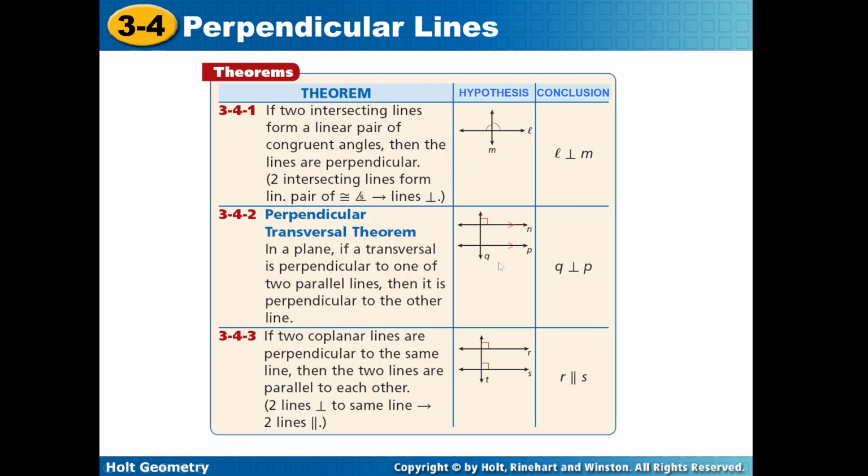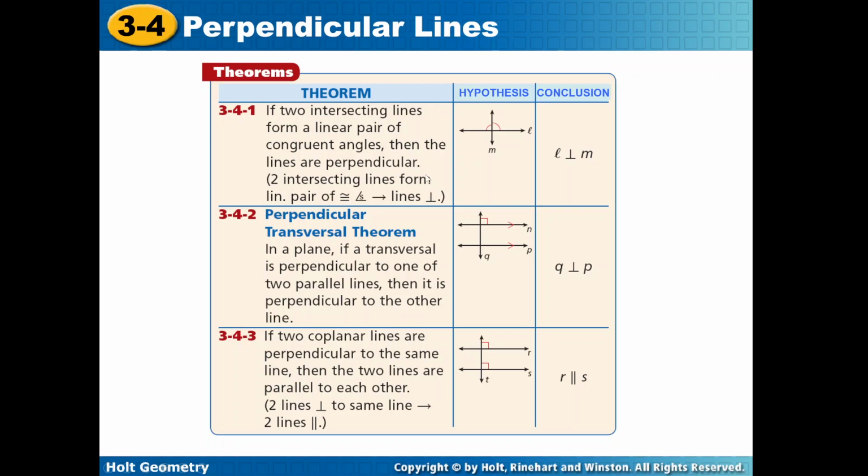Here are some of the theorems that you need to know. Theorem 3-4-1: if two intersecting lines form a linear pair of congruent angles, then the lines are perpendicular. If two lines intersect and form a linear pair, which means 180 degrees, and the angles are congruent, then the lines are perpendicular.